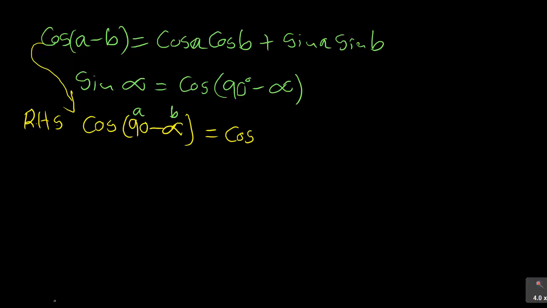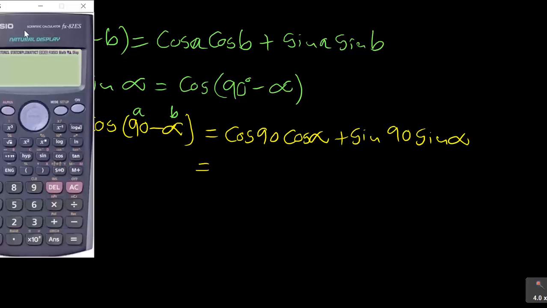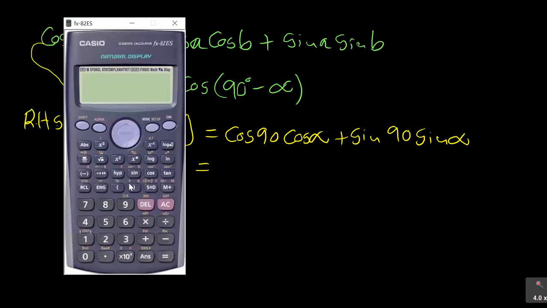So here it will be cos 90 cos that side, then plus sine 90 sine that side, and then the calculator can actually give us the value of cos 90 and sine 90.